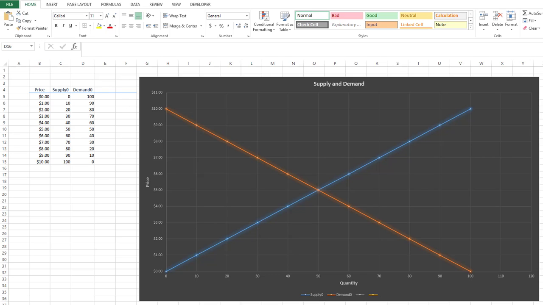A fourth factor is the technology. Advances in technology make things cheaper. That would shift the supply curve to the right, because there would be more supply at every given price point. The fifth factor is expectations.